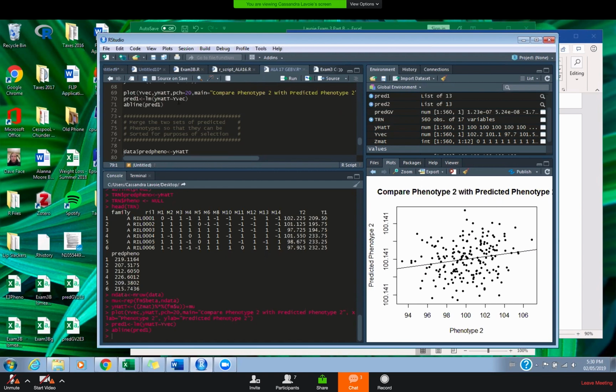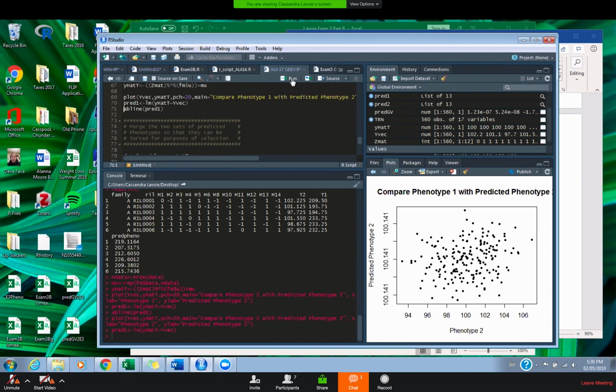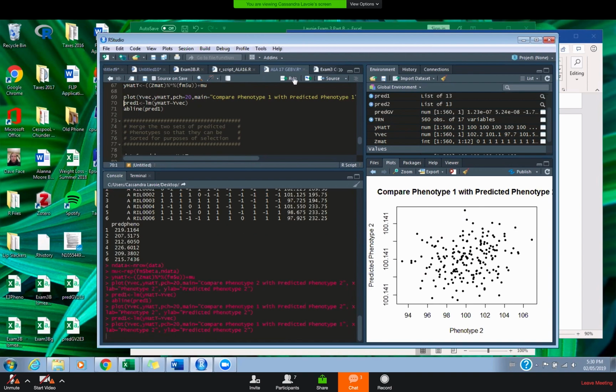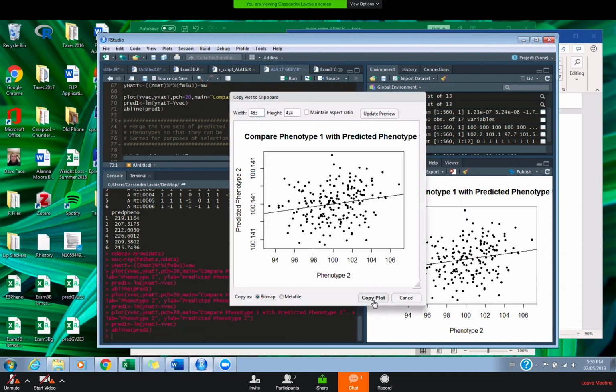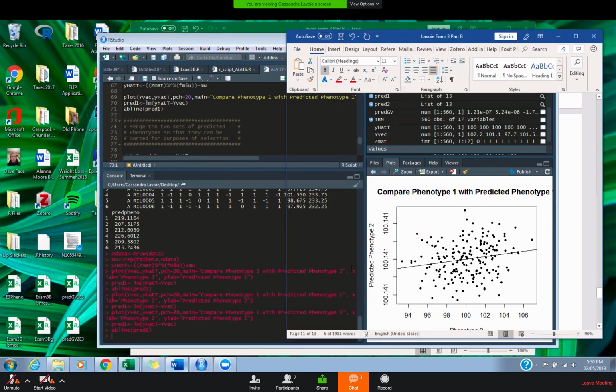But this is phenotype 1. Change the predicted phenotype to also be 1, because it should all be comparing within. Export. Copy to the clipboard.